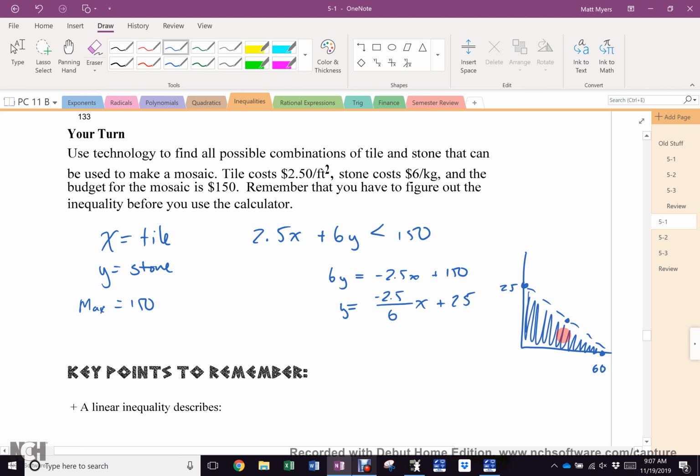Right? I buy 30 feet of glass. Yeah? That's 30 times 2.5 is $75, yeah? That leaves me with some money for stone, right? So is that okay? Is it? You agree, right?